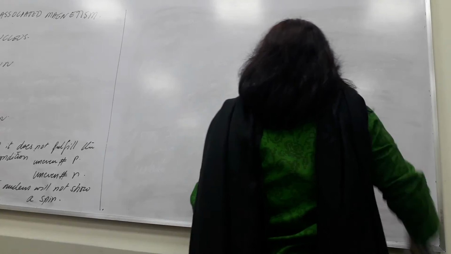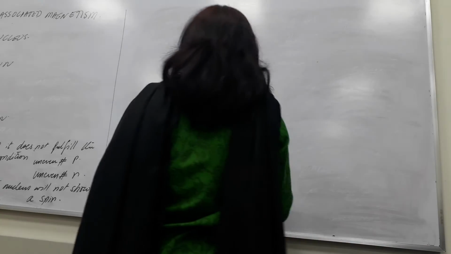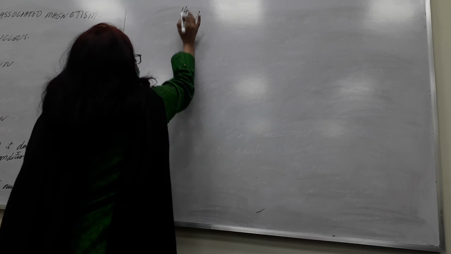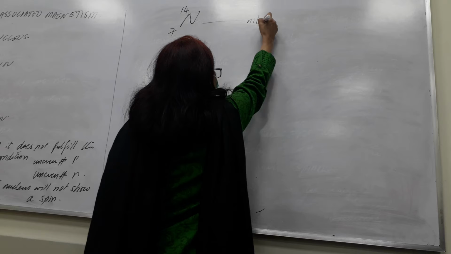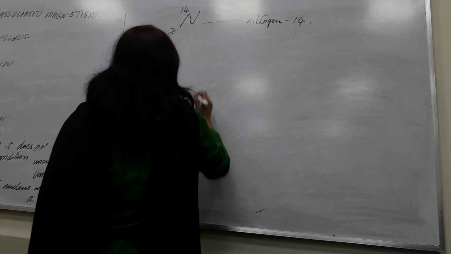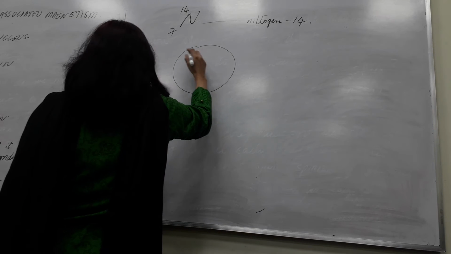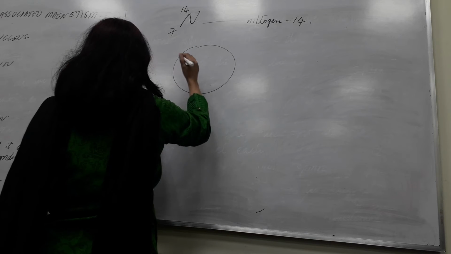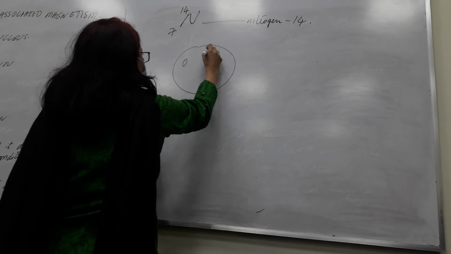Okay. Now let's go to another example, which is N14 and 7. Okay, what is this? This is nitrogen 14. Okay. So in this case, you have a number of protons and you have a number of neutrons. How many protons, how many neutrons? 7, right?